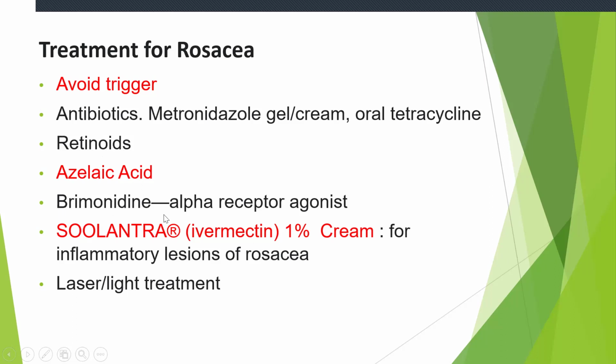Or brimonidine. Brimonidine is an alpha receptor agonist. Okay. Or Soolantra. Yeah. If you have time, you can study more about those things. Or sometimes the doctor would recommend light treatment or laser treatment for rosacea. Okay.